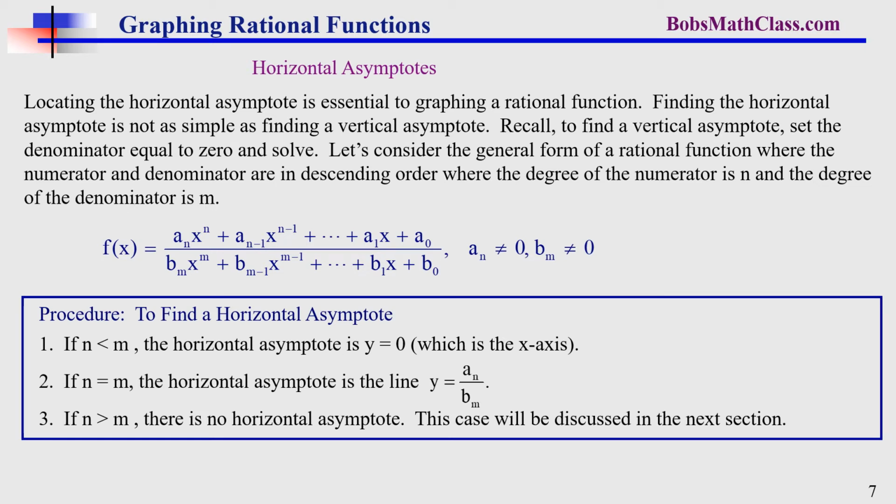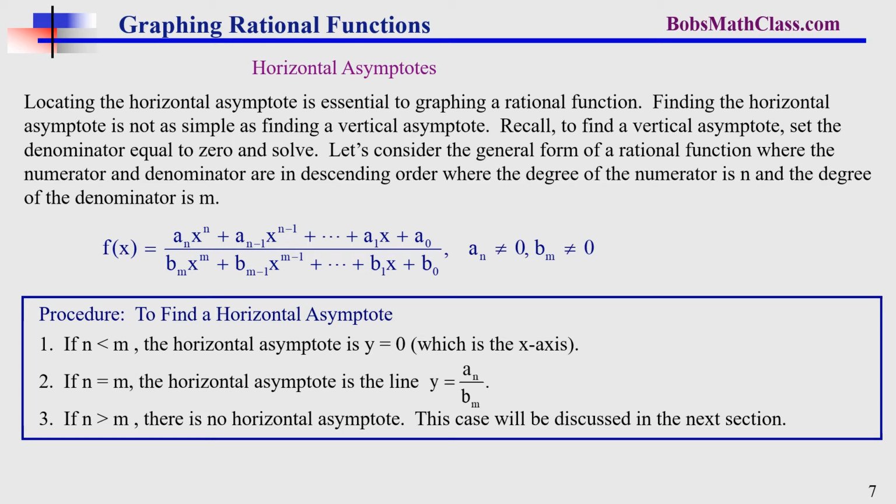And part 3 here is if n is greater than m. If the degree of the numerator is greater than the denominator, there is no horizontal asymptote. That'll be for oblique asymptotes, on the next video. I know it's a little bit confusing right there, but when we do an example, hopefully it makes more sense.